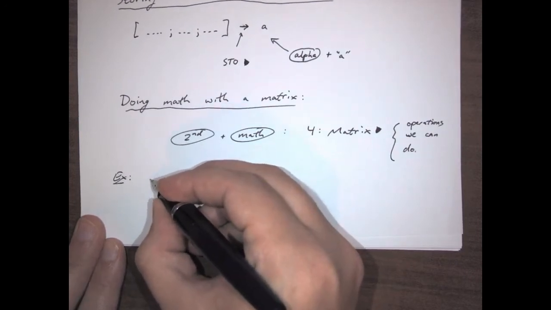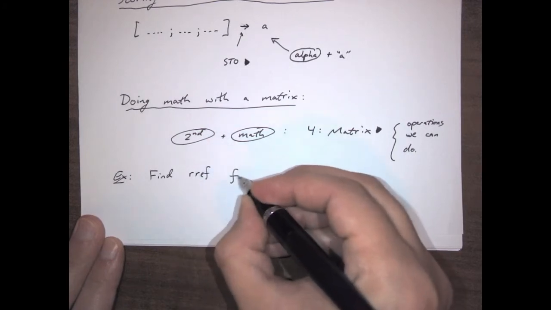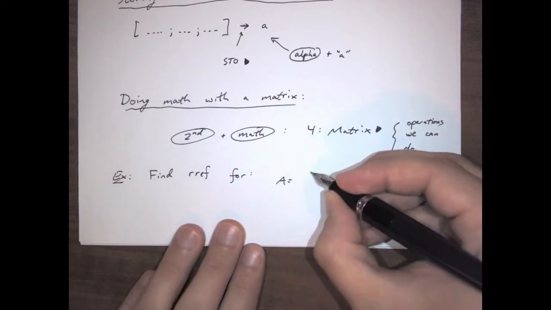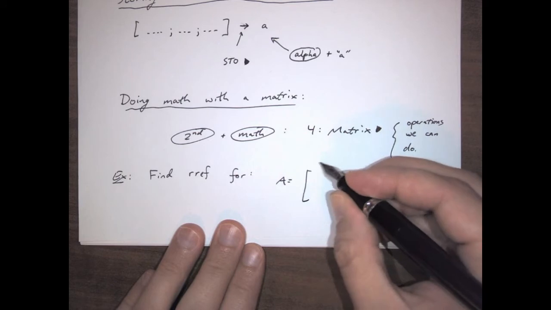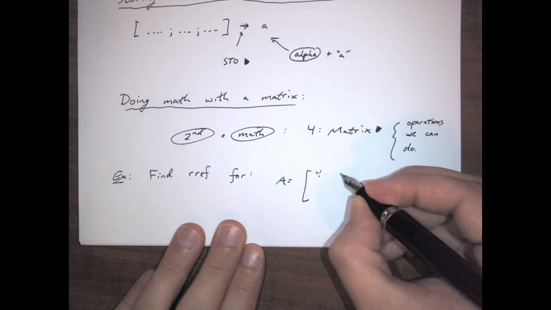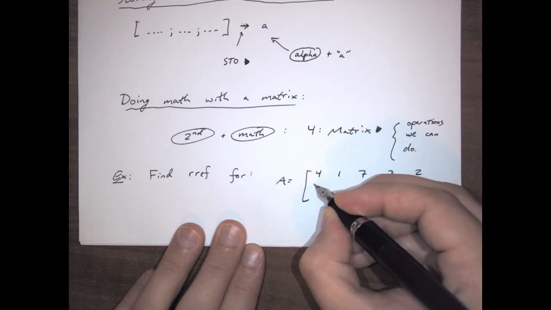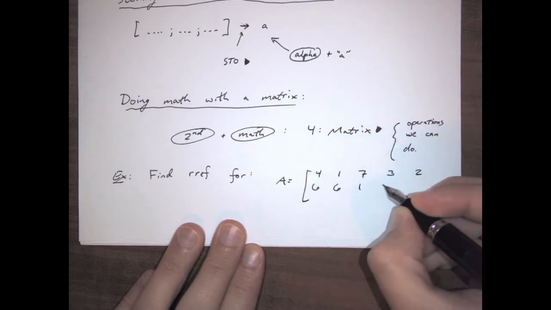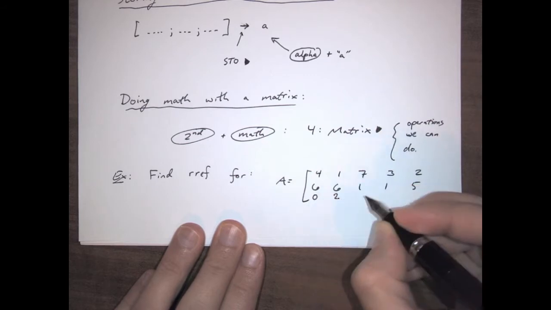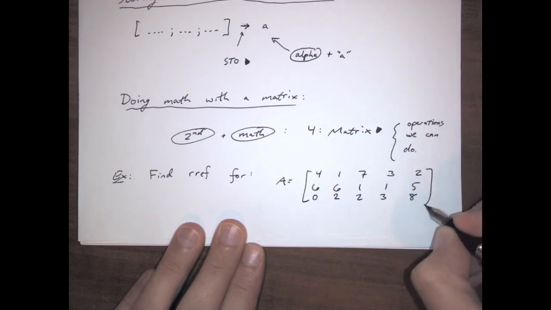So let's say find the reduced row echelon form for, and let's say the matrix A looked like, let's say we had 4, 1, 7, 3, 2, 6, 6, 1, 1, 5, 0, 2, 2, 3, 8, and let's just say we had something like that.